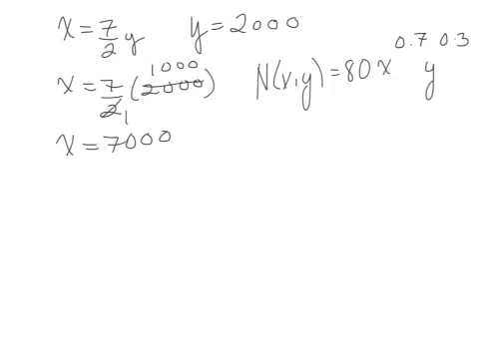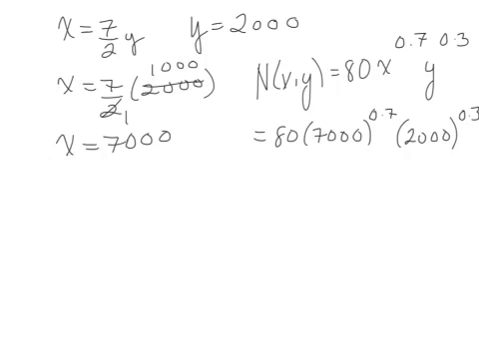If you recall, our production function, our Cobb-Douglas function, was n of xy is equal to 80x to the 0.7, y to the 0.3, where x is representing units of labor, y representing units of capital. So now we have values of x and y of 7,000 and 2,000, so now we substitute and solve.